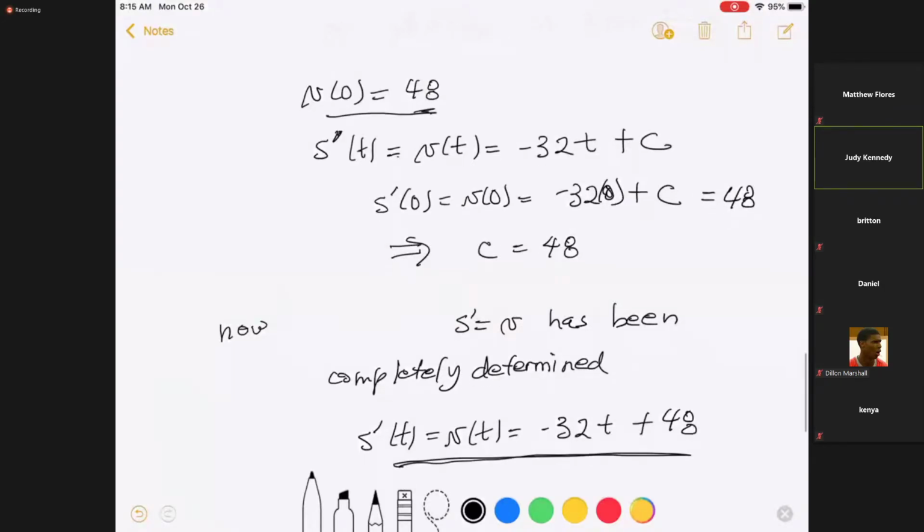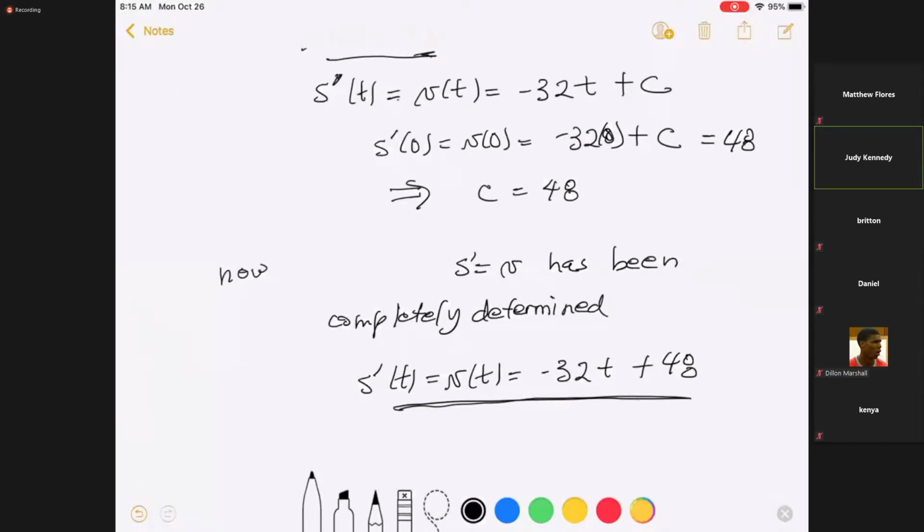And that's our first derivative. So we take an antiderivative again to get to the position function.